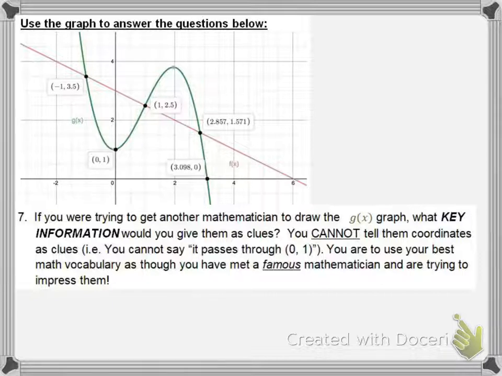In fact, the fact that it's going down on the right for both of those, you could say they have a negative leading coefficient. The fact that both of these shapes have one end going up and one end going down, you could say that they have an odd degree. Those are all things that could be part of your description of each function that you've shown.